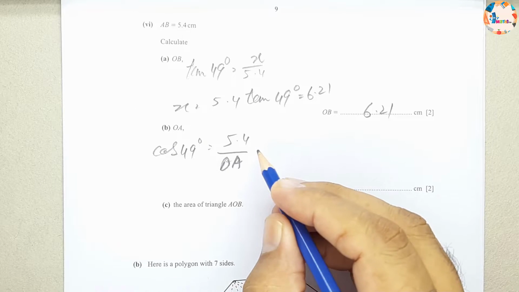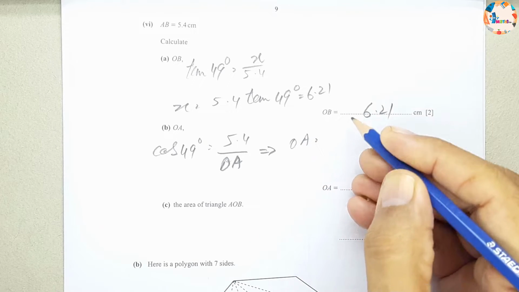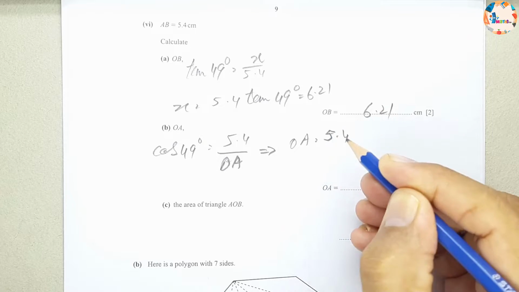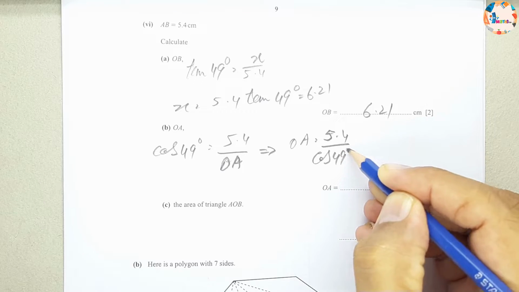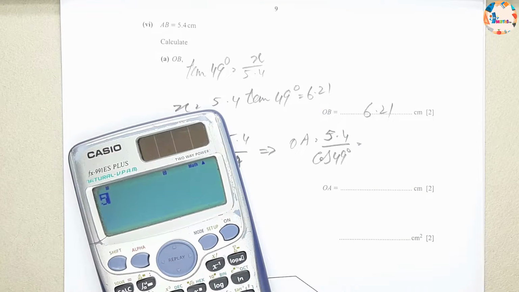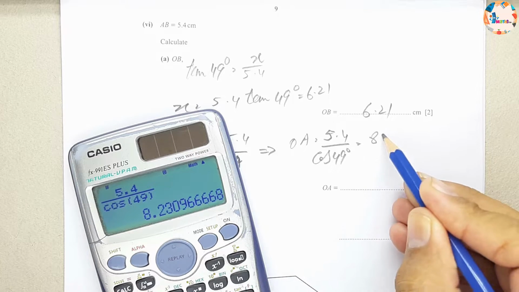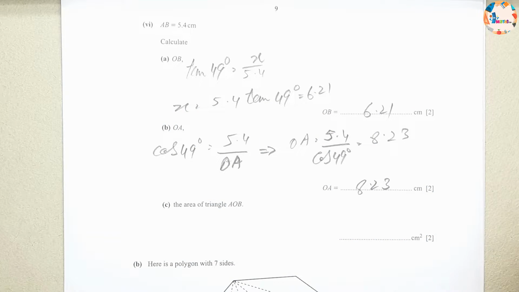So OA is equal to 5.4 over cos of 49 degrees, and this will be equal to 8.23.